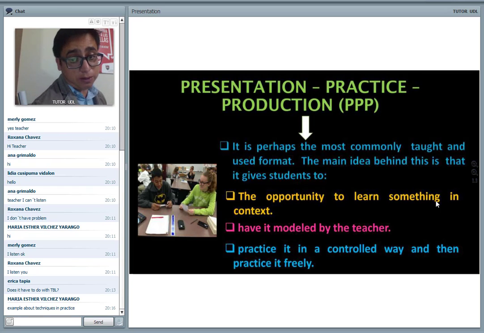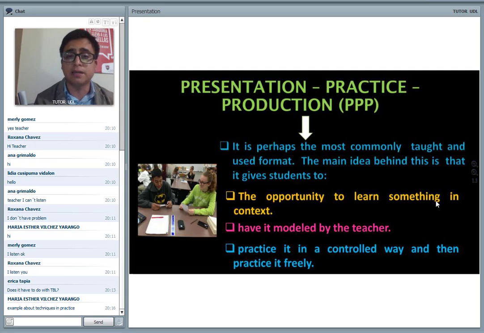Also, it's important because you can model for them. For example, if you present a conversation and inside the conversation there is a grammar structure, the students are going to be able to do the same thing using the same structure but using their own ideas, okay?